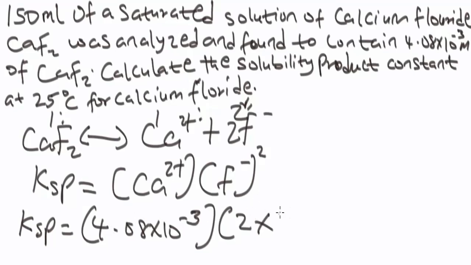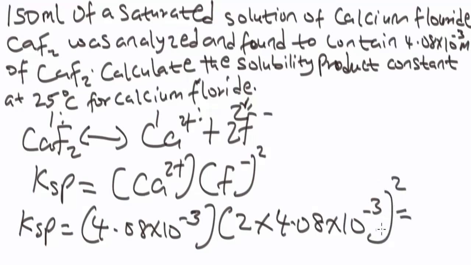So 2 times the molar concentration of fluoride, which is still 4.08 times 10 to the power minus 3, raised to each stoichiometric coefficient. Let's multiply everything together. It's going to give us the solubility product constant for this reaction. When we multiply, it's going to give us 2.716, if you are leaving it to 3 decimal places, times 10 raised to the power minus 7.